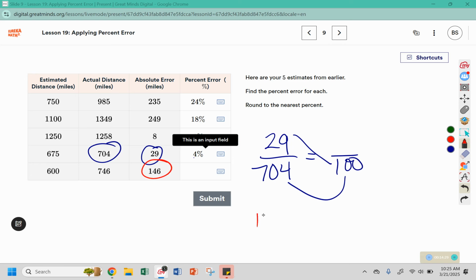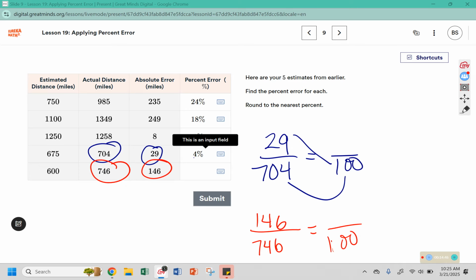And then 146, our error, divided by the actual. Cross multiply 146 times 100, then divide by 746 is about 20% if we round.